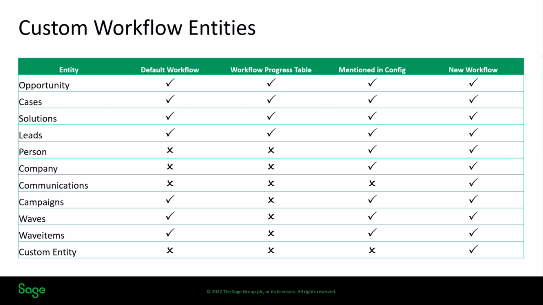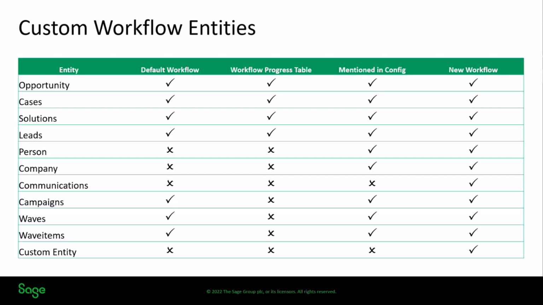There is something called the workflow progress table, which is some behavior that is associated with 4 entities, which are the lead, cases, opportunities and solutions table, which may be workflowed and have tracking information which keeps a permanent record of how data changes.